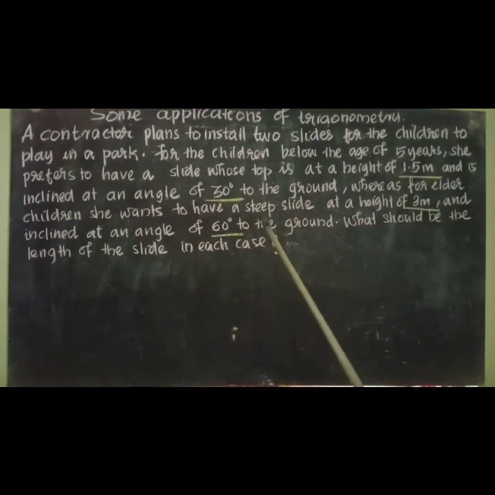So here she wants to make the slide. One is at a height of 1.5 meter and is making an angle of 30 degrees to the ground. And second one is at a height of 3 meter and making an angle 60 degrees to the ground. So let us draw the figure in each case.